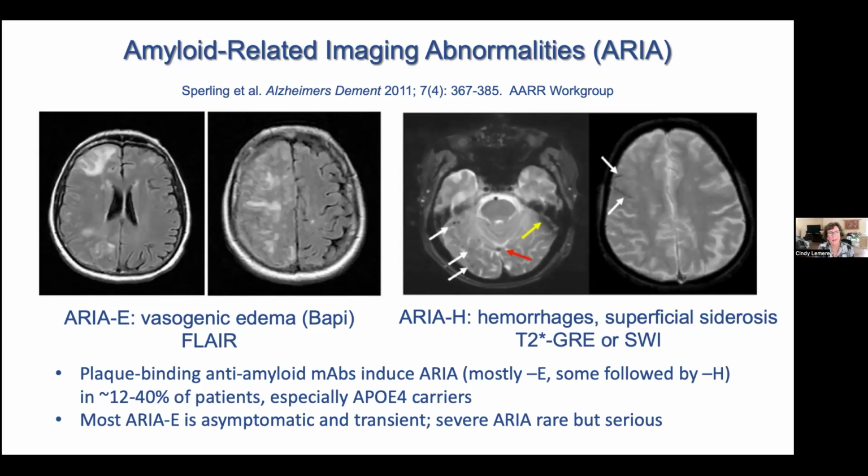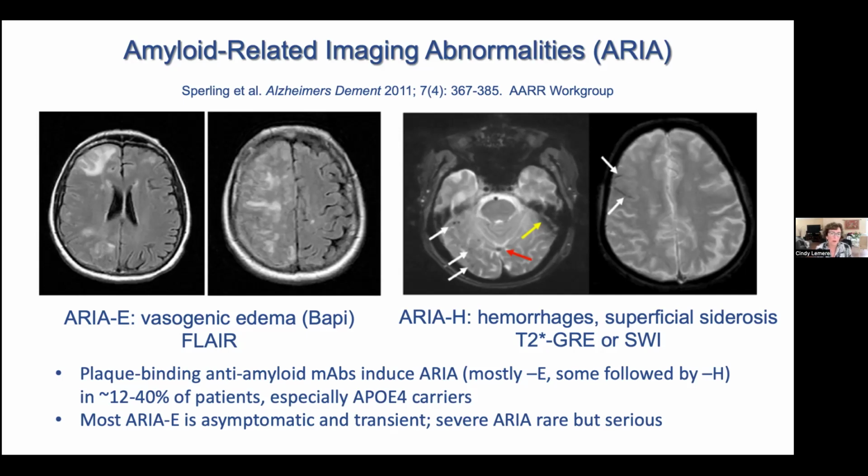And one thing I want to point out here is that ARIA is not specific to anti-amyloid immunotherapy. There are people that have ARIA separate from anti-amyloid immunotherapy treatment. And there has been ARIA also seen with other antibodies.